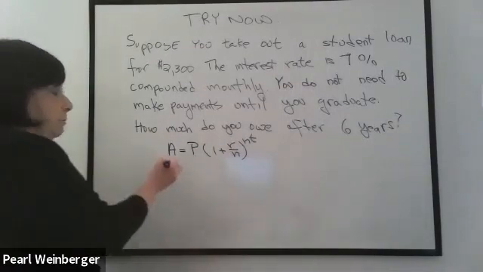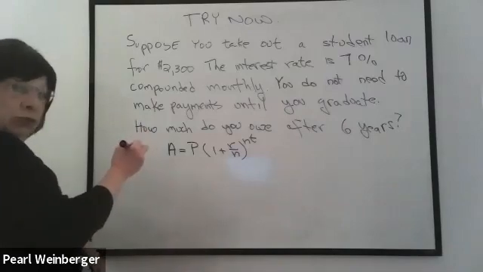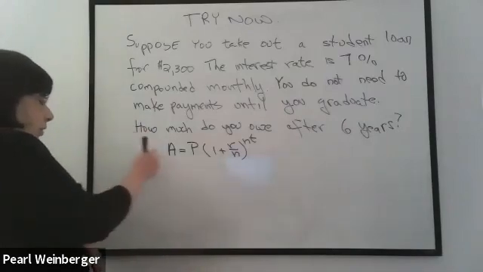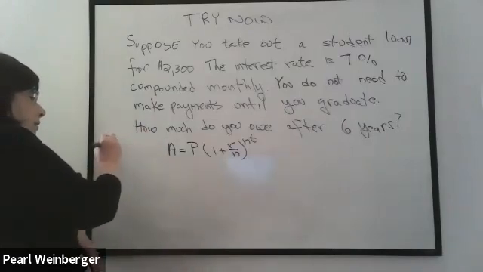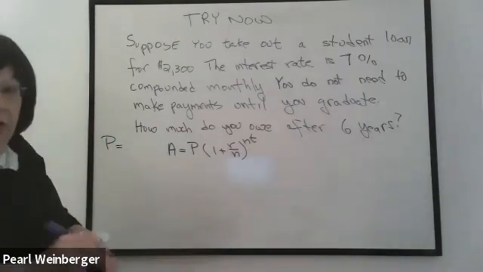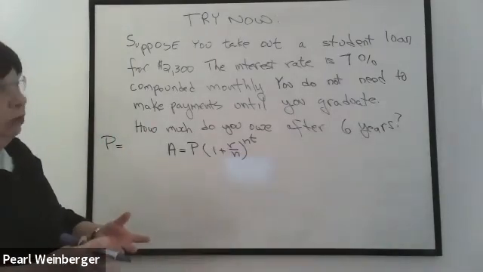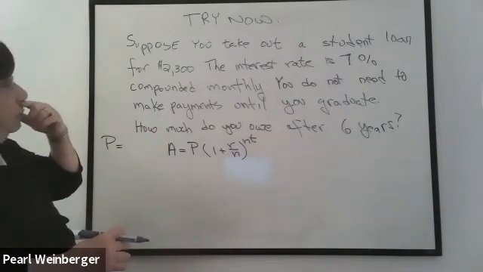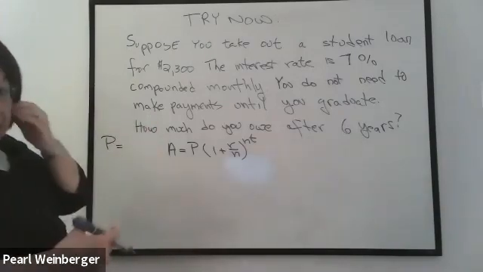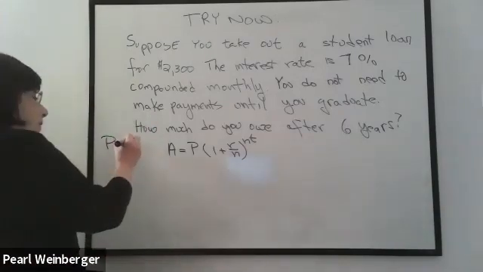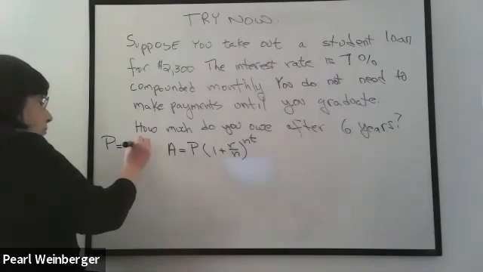Now, A is the amount of money we're going to be looking for. The P is what we call the principal. The principal is the original amount of money that you borrow, or the money you put in the bank, if this is money you're putting in the bank, and that's $2,300.